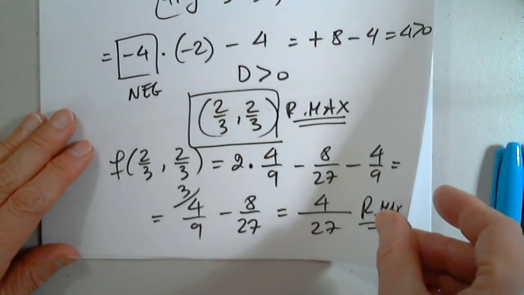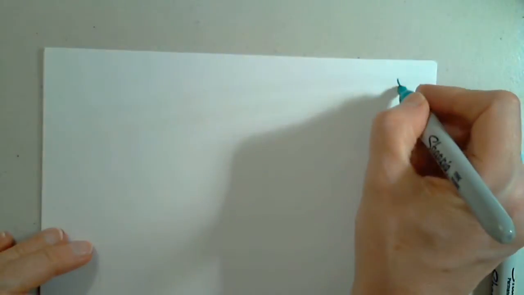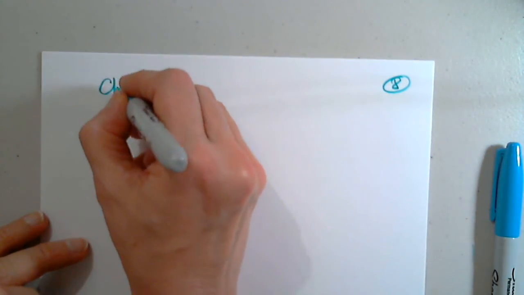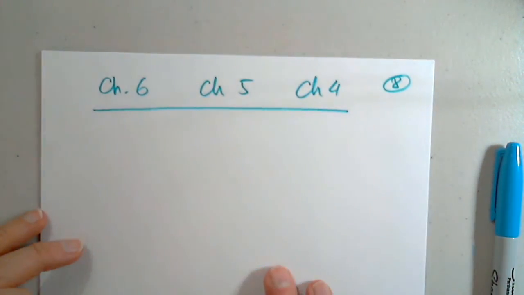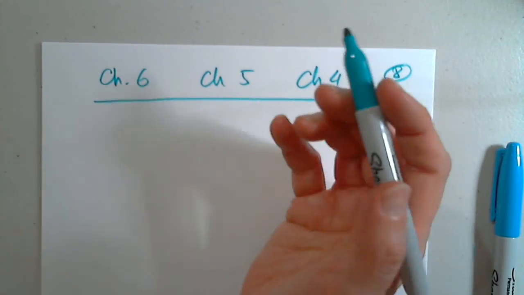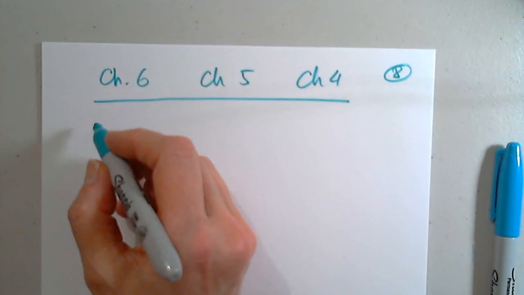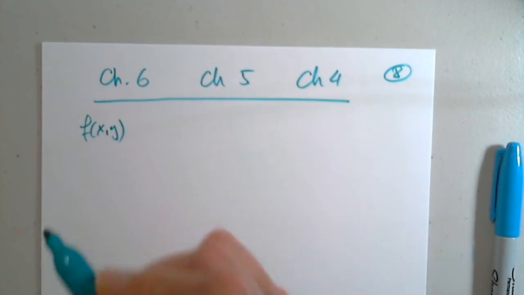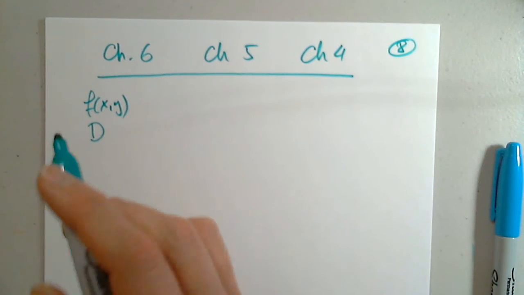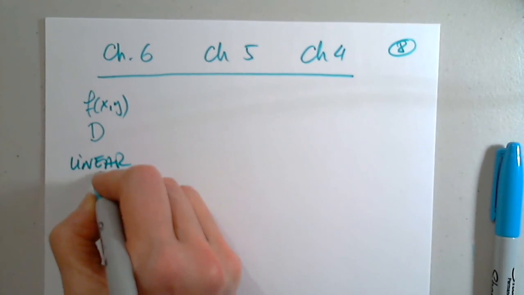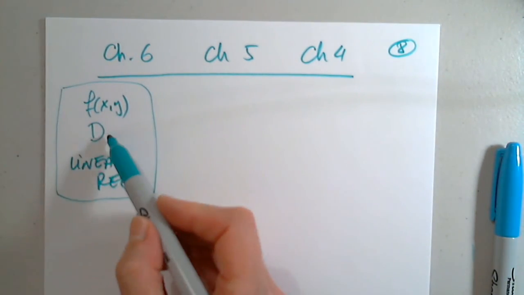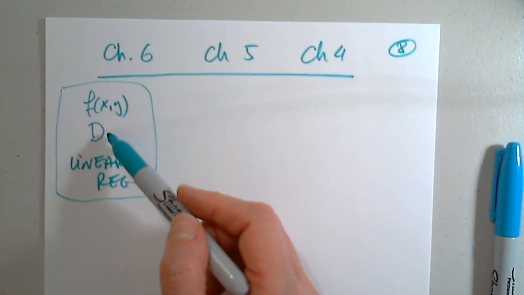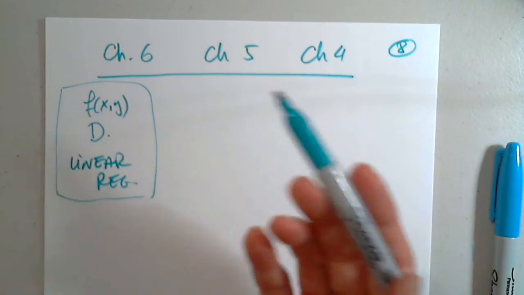So let me summarize with you, and then you will decide what to do next. I'm going to go backwards: chapter 6, chapter 5, and chapter 4. In chapter 6, this is fresh in our memory, I hope. We're talking about functions like f of x, y, and we're looking at the d-test. We're looking at linear regression. Everything is included already here, right? Because when we talk about the d-test, we talk about all partial derivatives, and the linear regression is with the calculator.